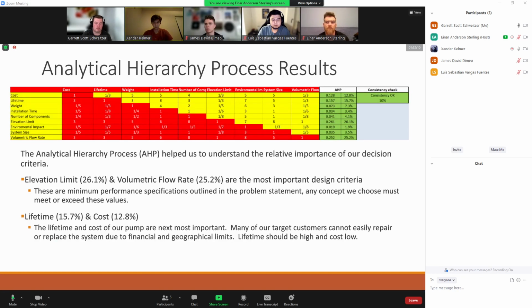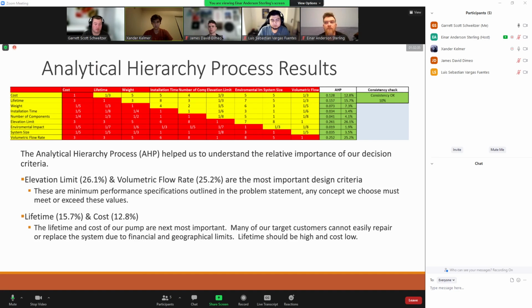For our analytical hierarchy process, we use this so we could better understand our design criteria and consider how they relate to one another. So here are some results that we came up with. For elevation limit and volumetric flow rate, we found about 25%, which makes them by far the most important. This is because they're both critical to meeting the requirements of our problem statement.